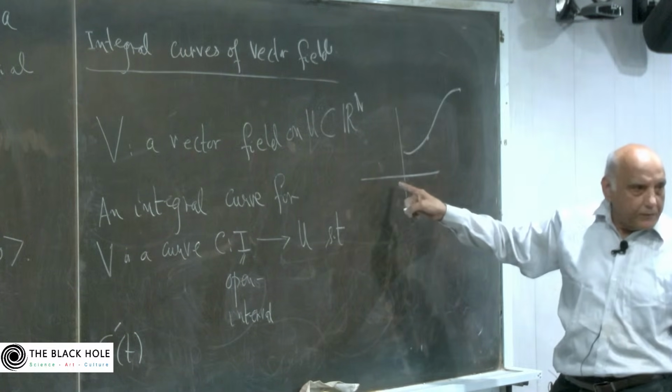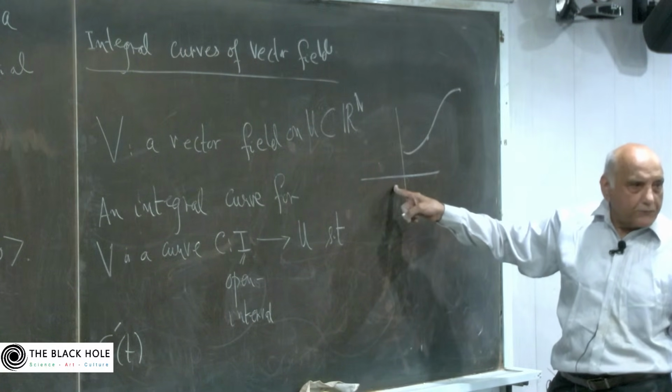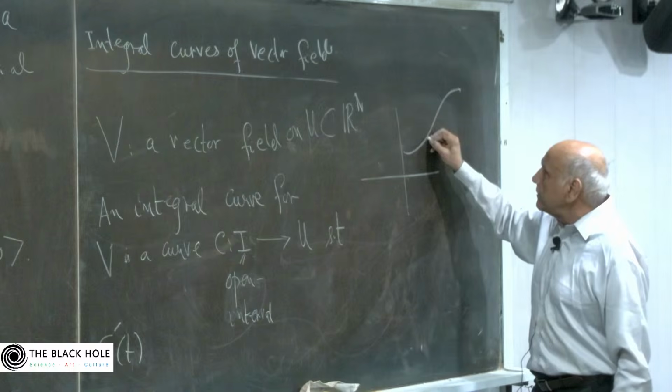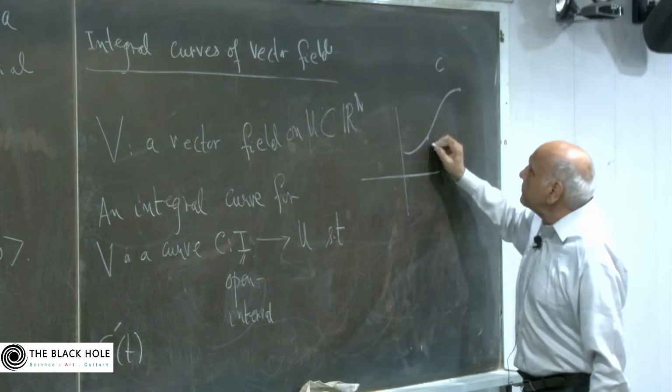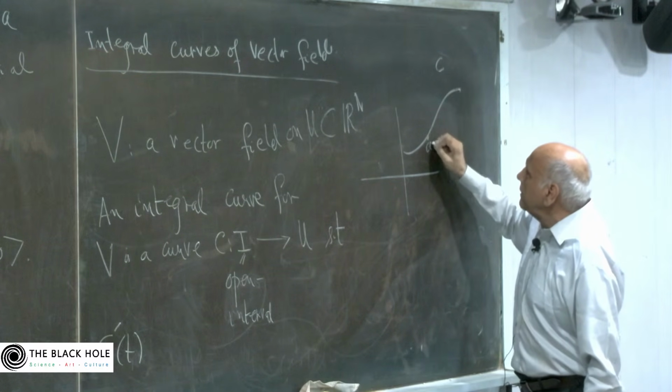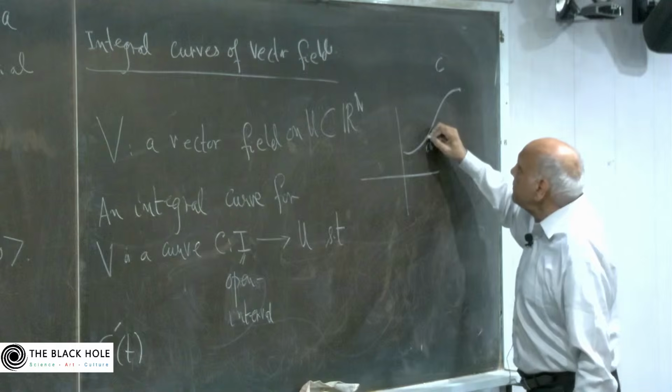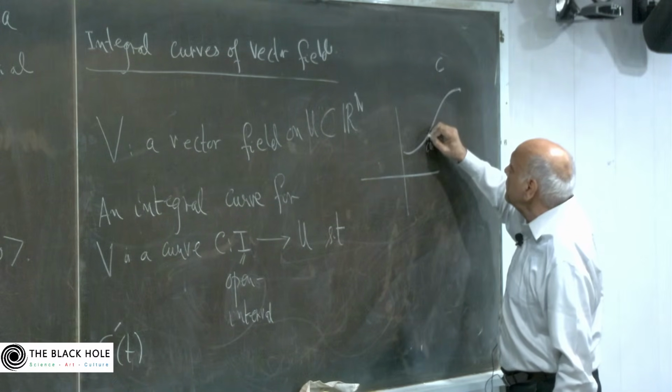If I call this curve C, for a given parametric value of t, what is the point here? C of t is the value of C at t, right? And then you draw its tangent vector, right?